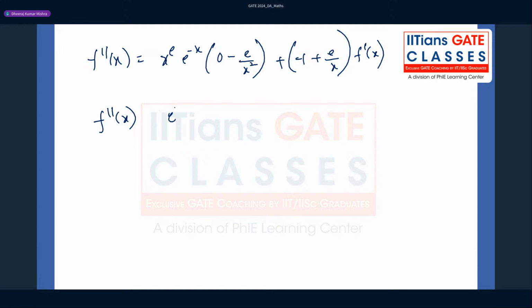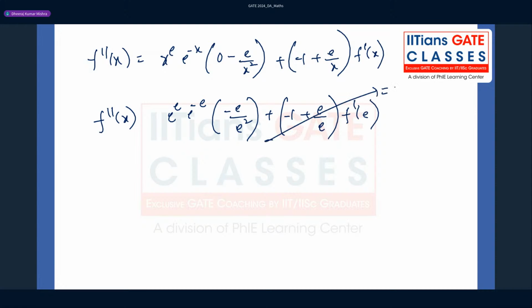So this is nothing but e raised to power e, e raised to power minus e, minus e raised to power e square plus minus 1 plus e by e, and this is nothing but f dash e. So this becomes 0, guys. Why? Because e by e is 1, so this becomes 0 completely.